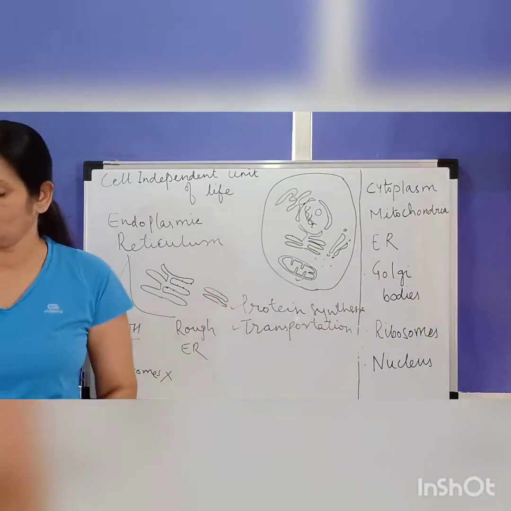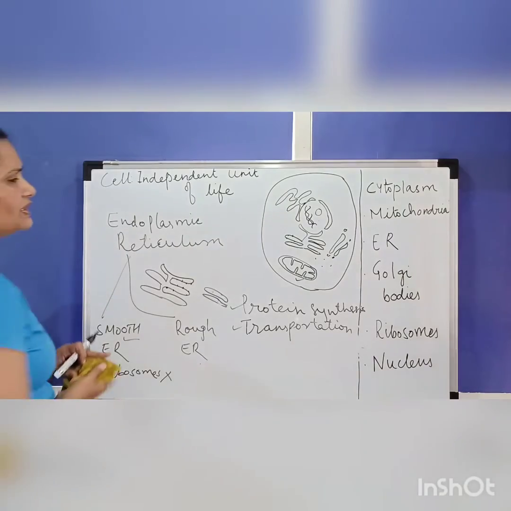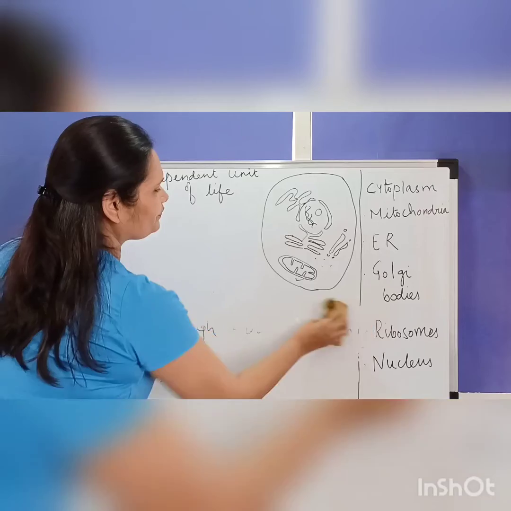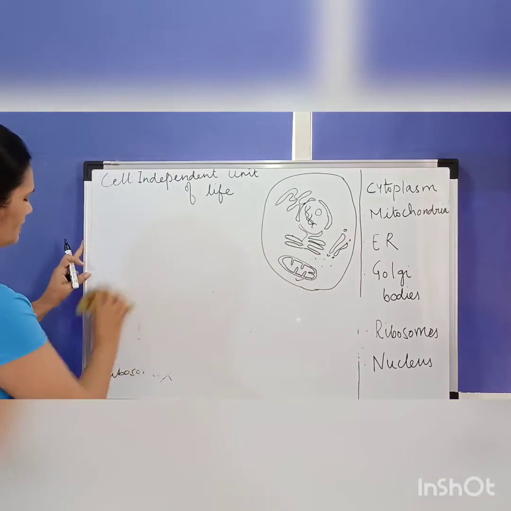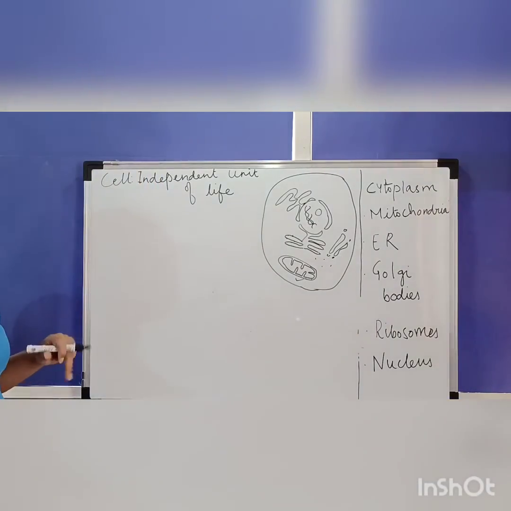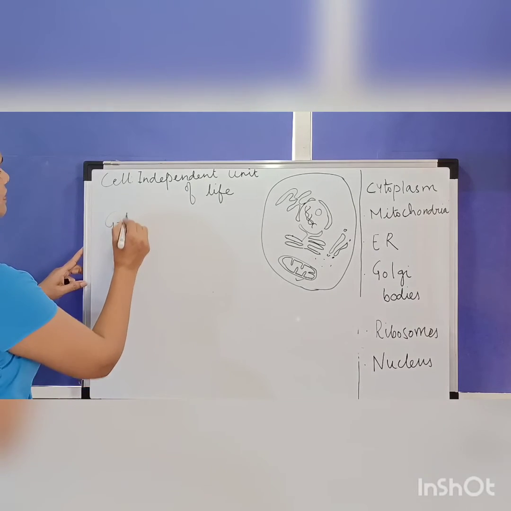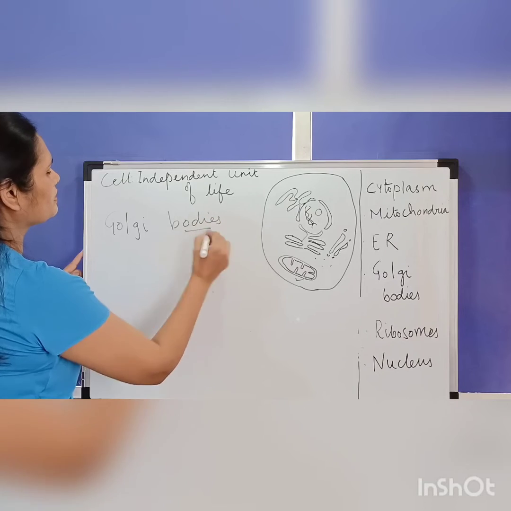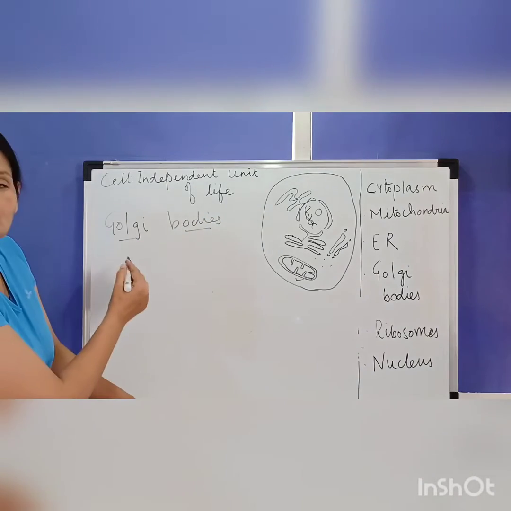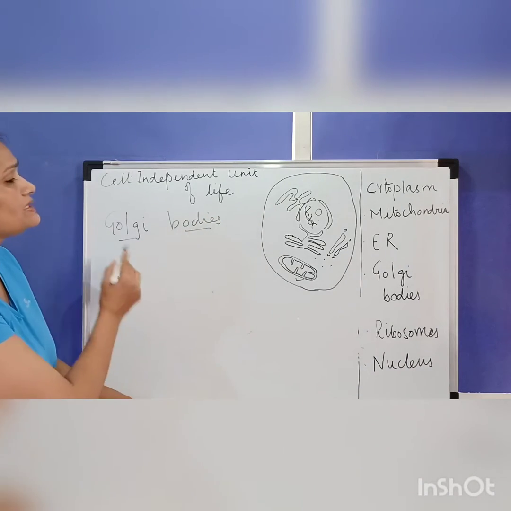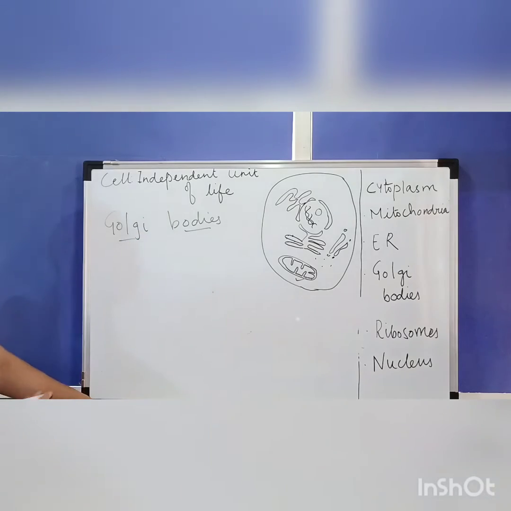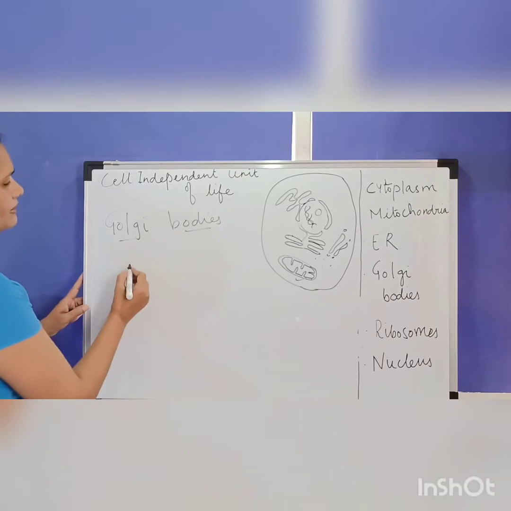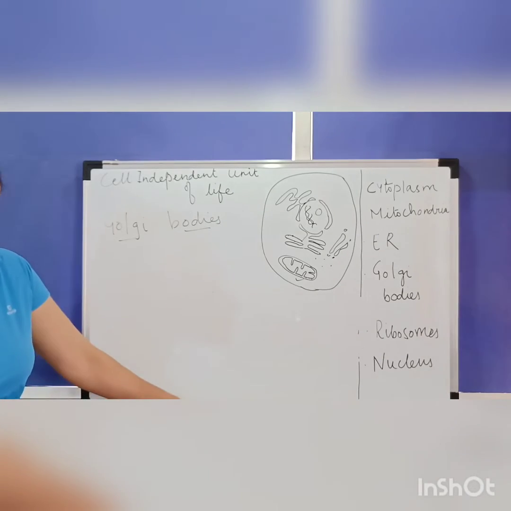Now after the endoplasmic reticulum, we'll talk about Golgi bodies. Golgi bodies are also called dictyosomes in plants, right? In plant cells, dictyosomes are present. Sometimes Golgi bodies are also referred to as Golgi complex.